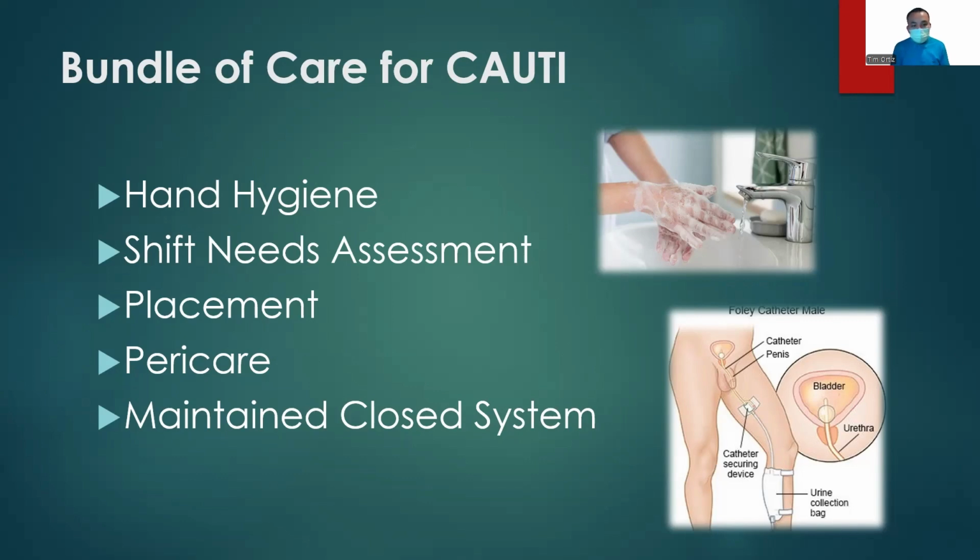So, what practices should we include in this bundle? First and foremost is proper hand hygiene. This is essential for eliminating harmful microorganisms that can lead to healthcare associated infections and effectively prevents CAUTIs. Next, we have the shift needs assessment.